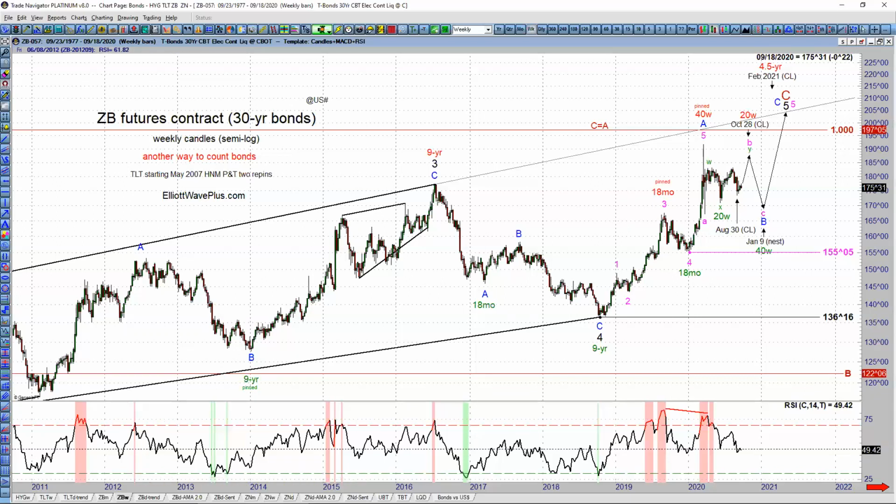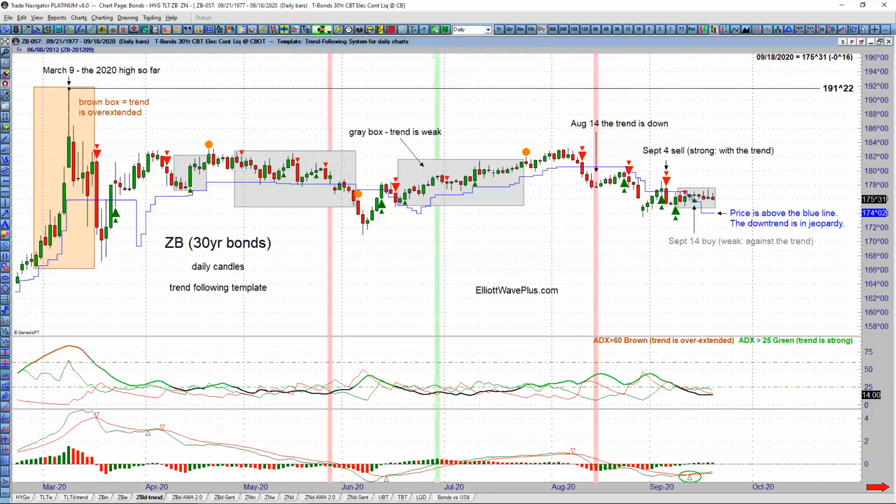This is the 30-year. Same situation has occurred on the ZB contract, the 30-year bonds. We have the ATR volatility stop having jumped down below price the last 3 days, even though it's in a sideways move. It's suggesting a long position with the stop down here below price.